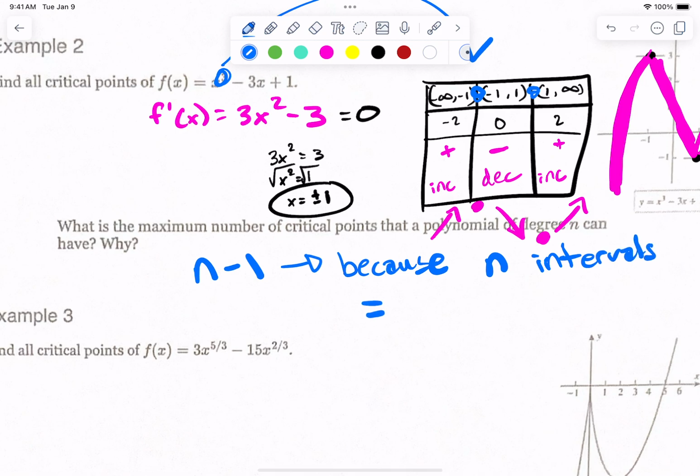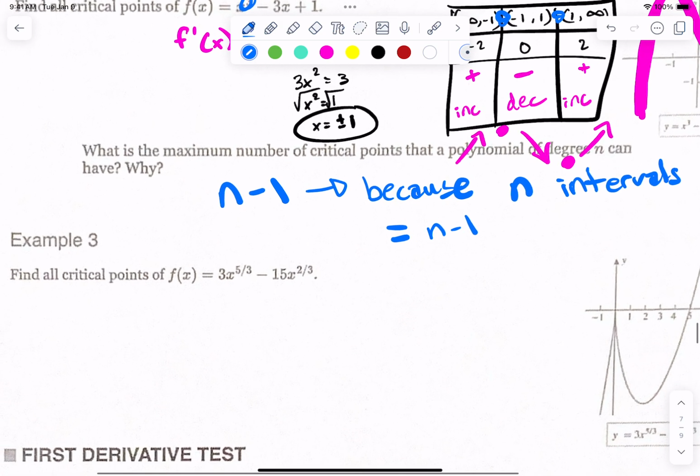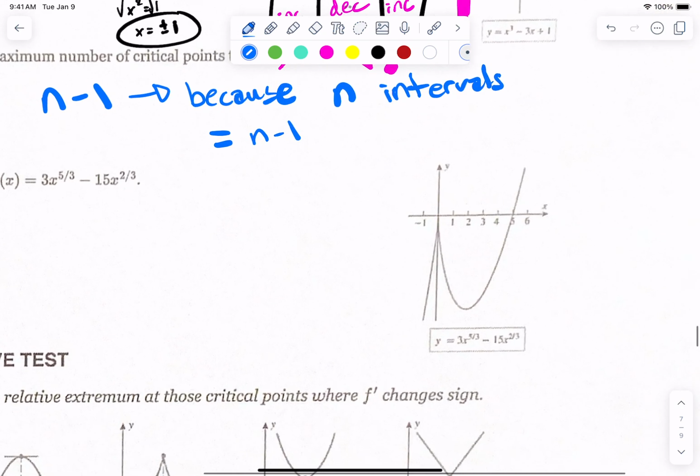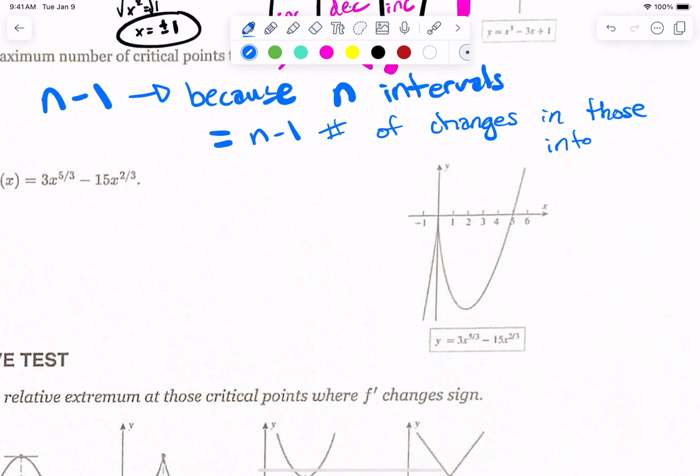If I have n number of intervals, then I have n minus 1 number of changes in those intervals.